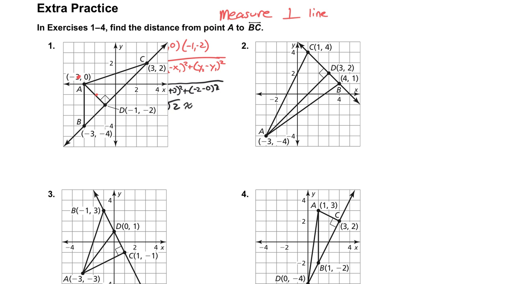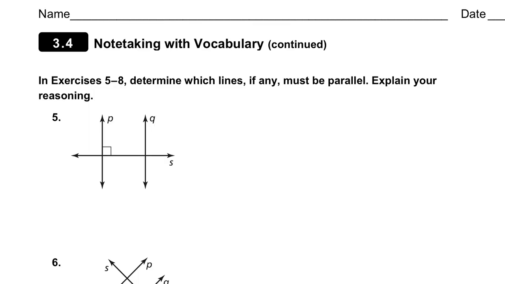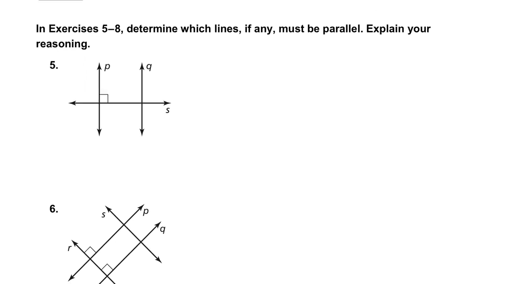So approximately 2.83. I'm not going to do the other three, but that's the process. We use our distance formula. You just have to identify that perpendicular and find your two endpoints and use the distance formula, which we have done in previous lessons.